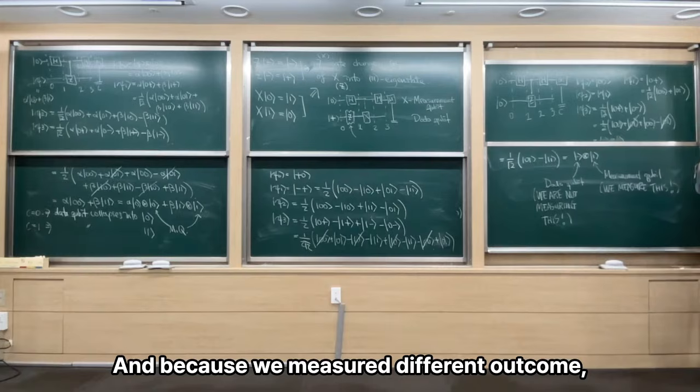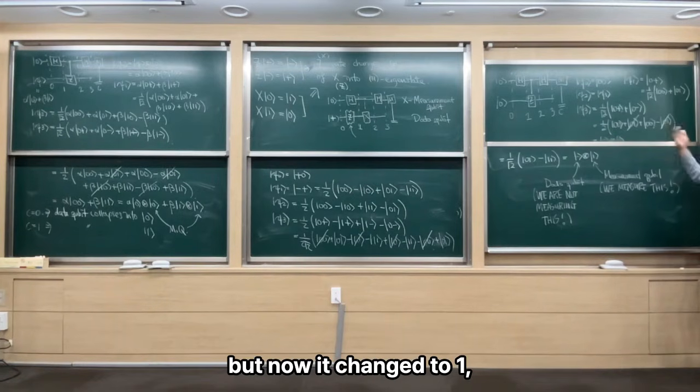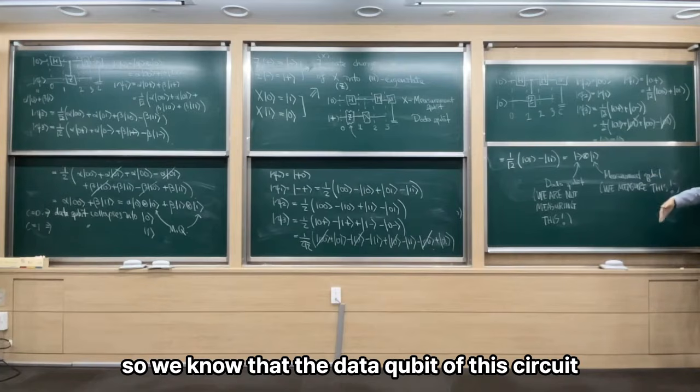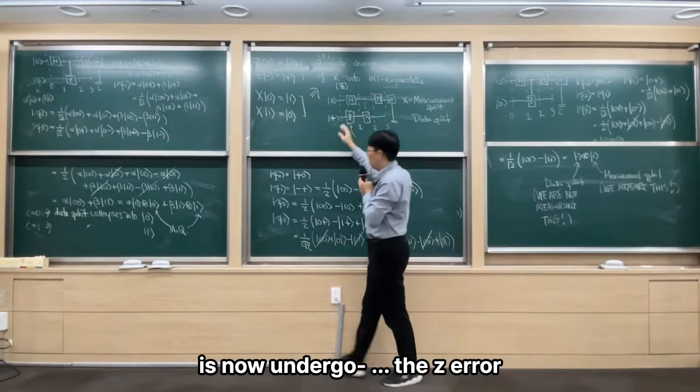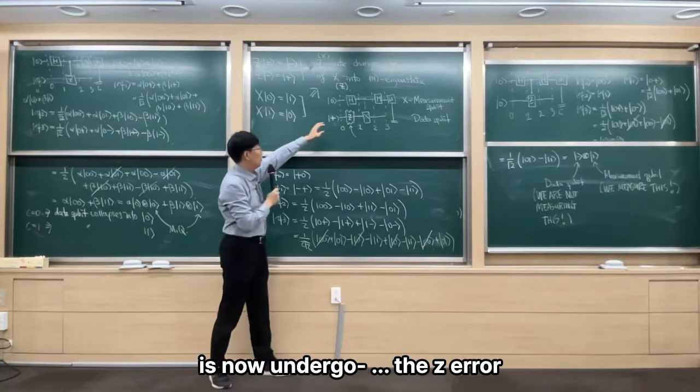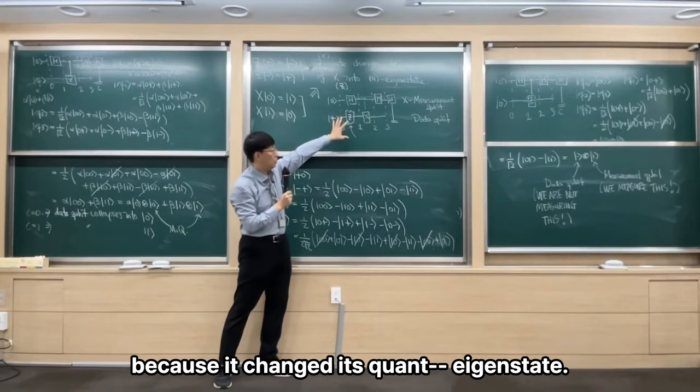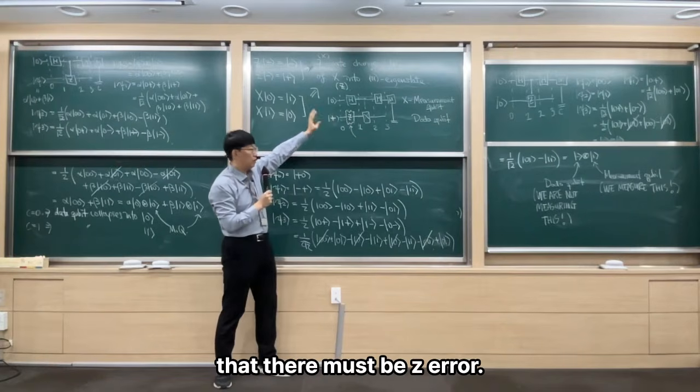And because we measured a different outcome, it was originally 0, but now it changed to 1. So we know that the data qubit of this circuit has now undergone the Z error because it changed its eigenstate. So we kind of know that there must be Z error.